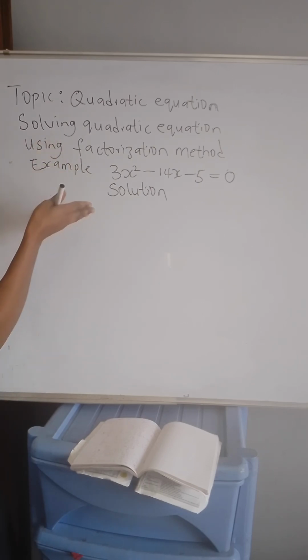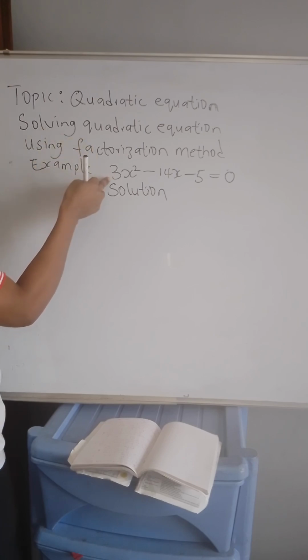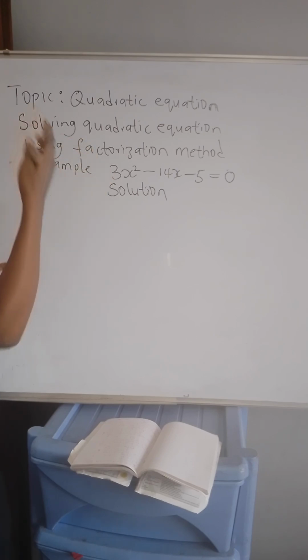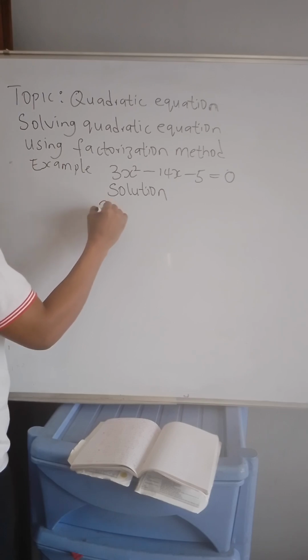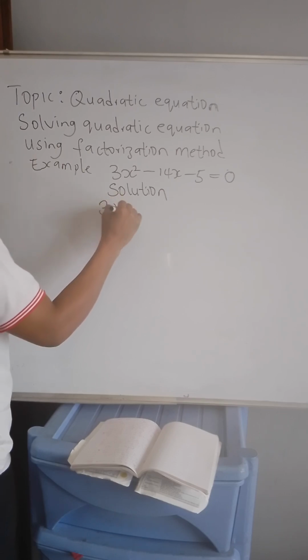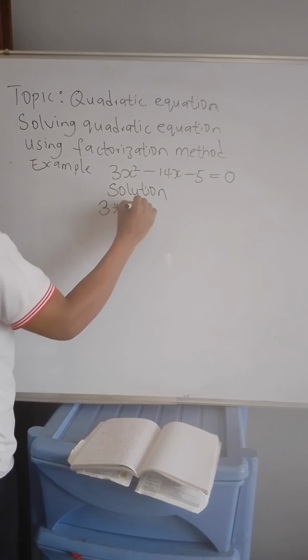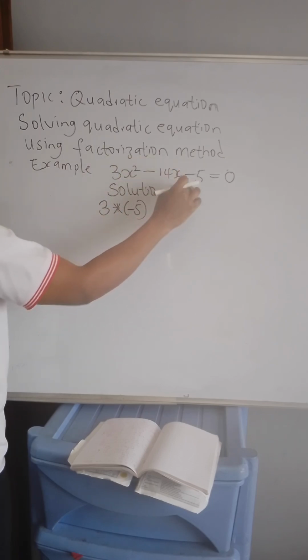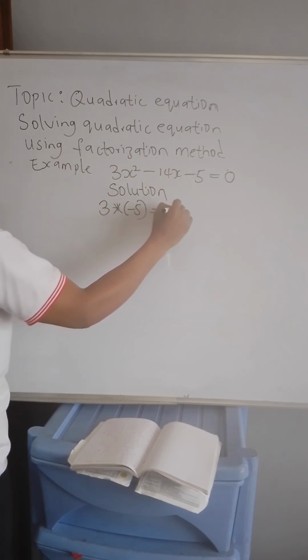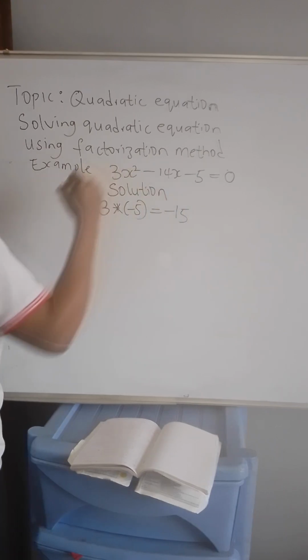So in this equation, the leading coefficient is 3 and 3 is greater than 1. So we say 3 times minus 5. 3 times minus 5 will give us minus 15.